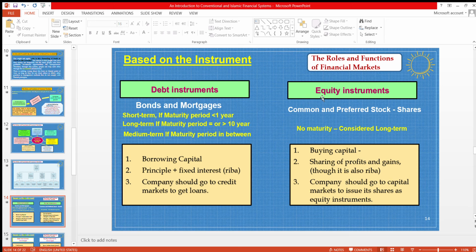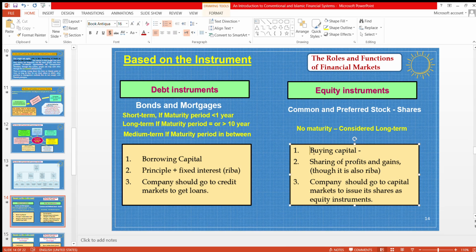There is a maturity in the debt instrument, but in the equity instrument there is no maturity, because if an entity wants to keep an ownership share in a company, it is their discretion. They can keep the ownership for as long as they want. That is why it is known as an equity instrument.